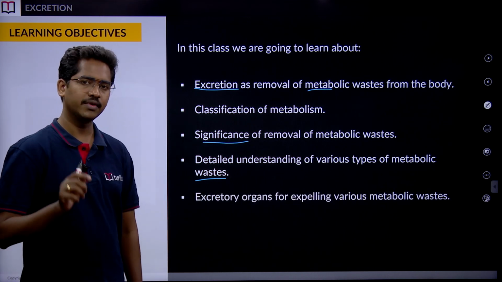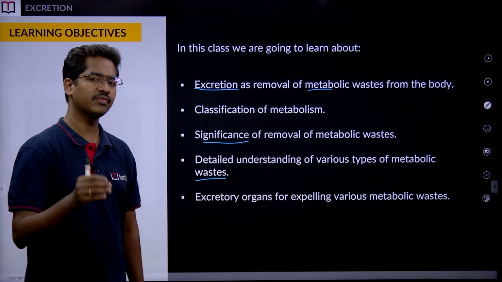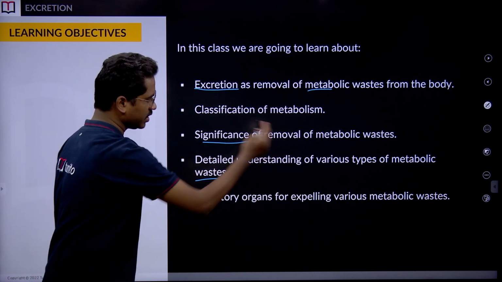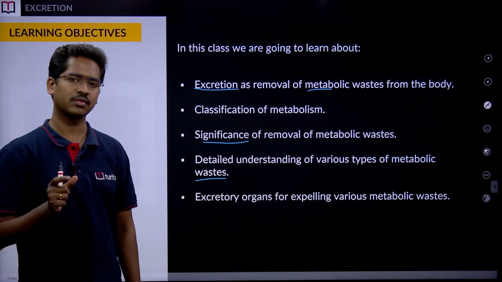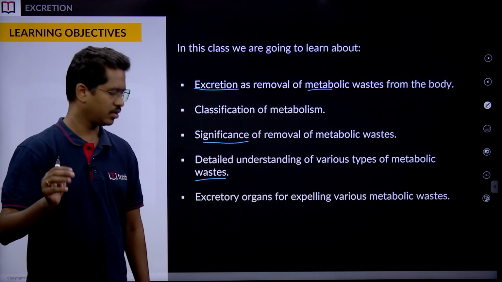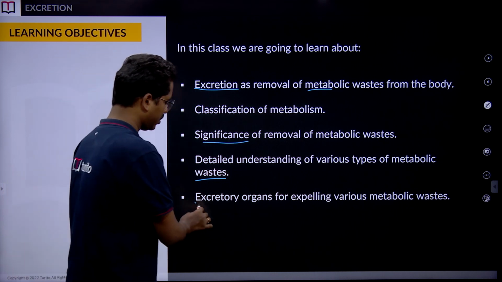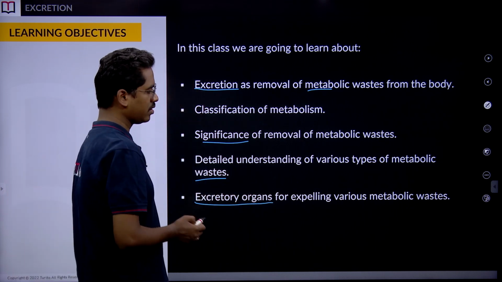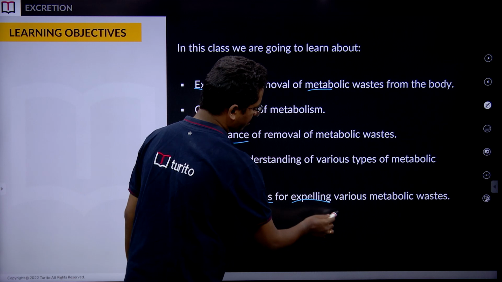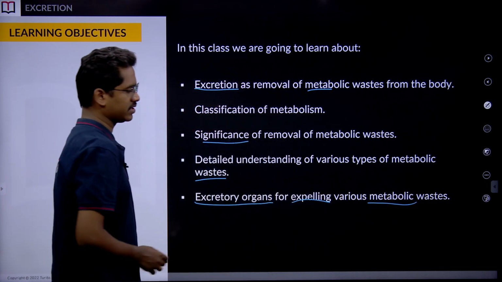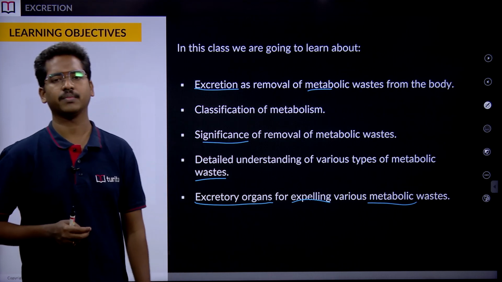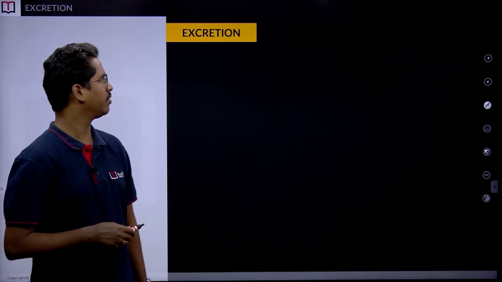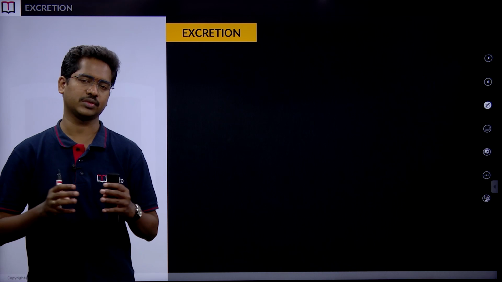Since we are discussing metabolic wastes, we also need to understand the excretory organs in general, which help in expelling the metabolic wastes. These are the objectives we have planned for you.